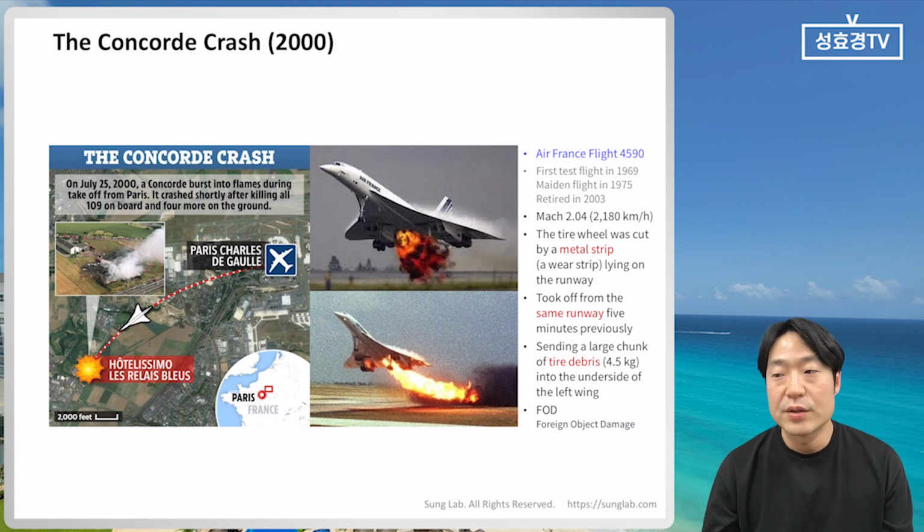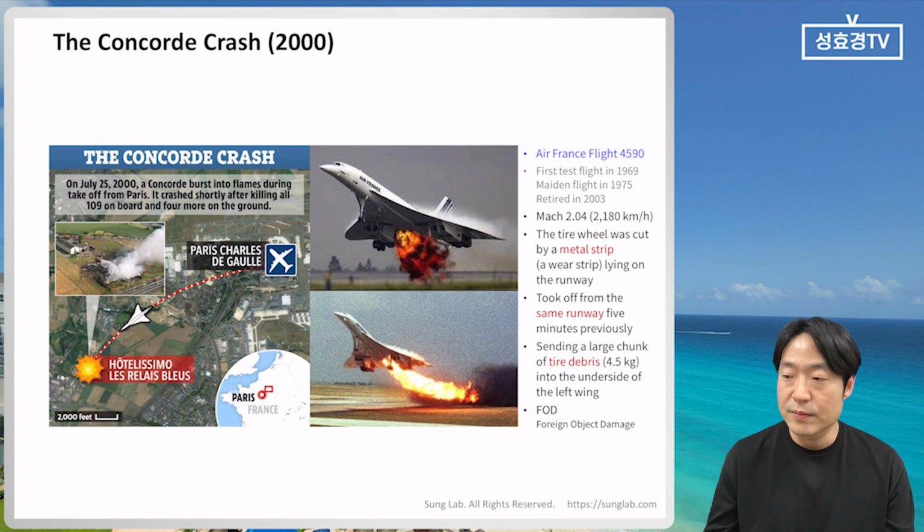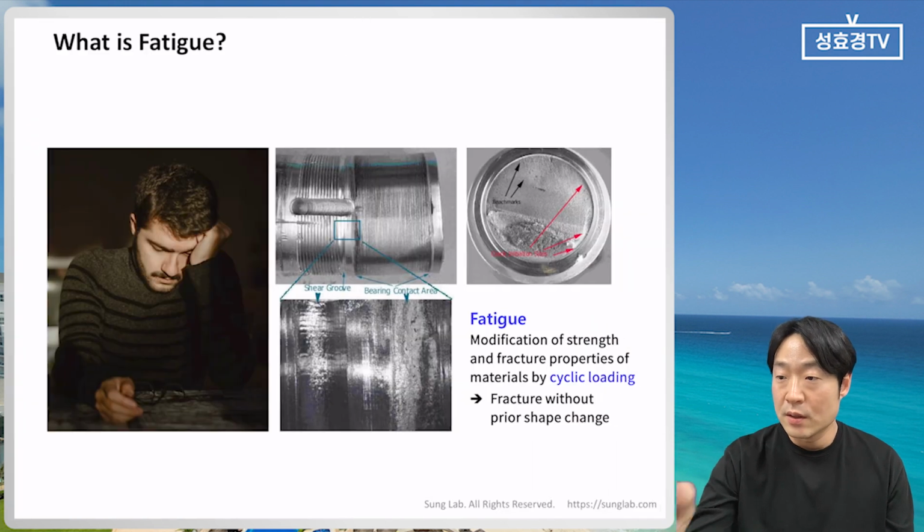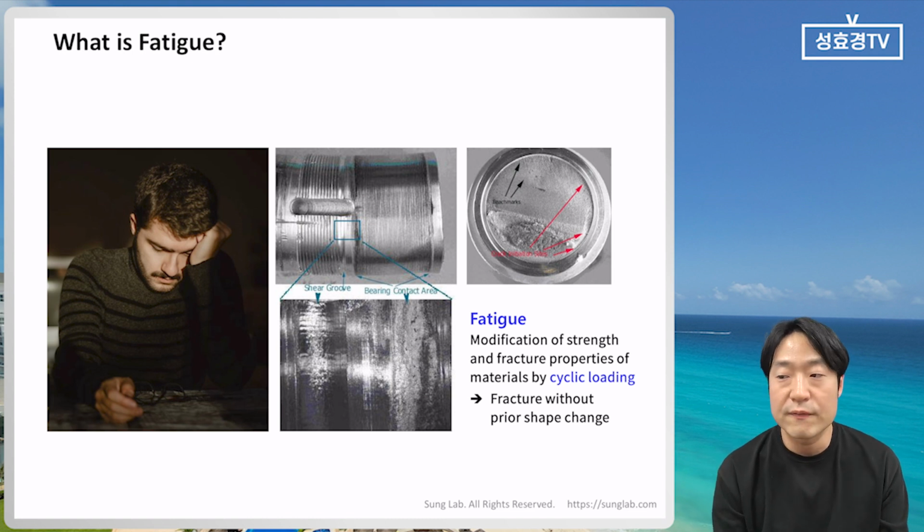So we can understand that a lot of accidents can be caused by fatigue cracking or other things. The most important part is we need to observe whether a crack exists and whether the crack is growing fast or not. That is the very important part for us. So maybe you can think of fatigue as a kind of cyclic loading.